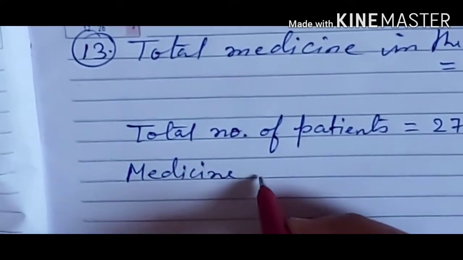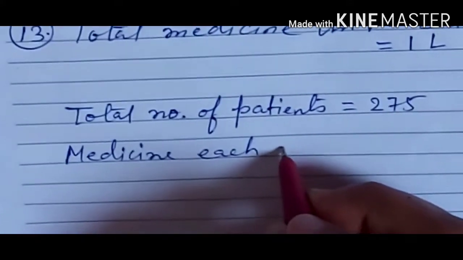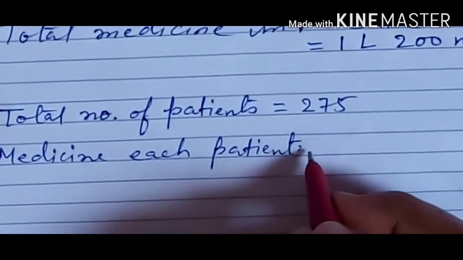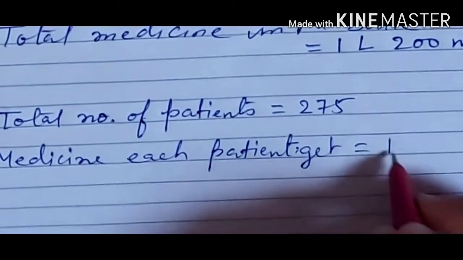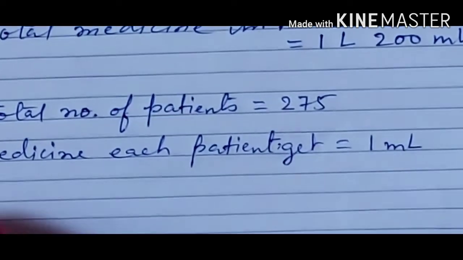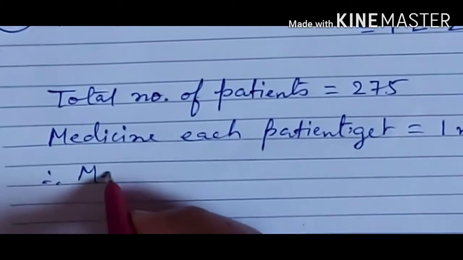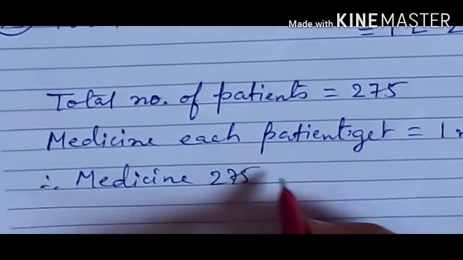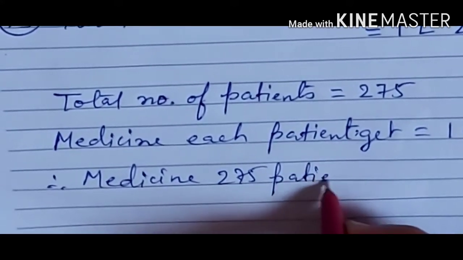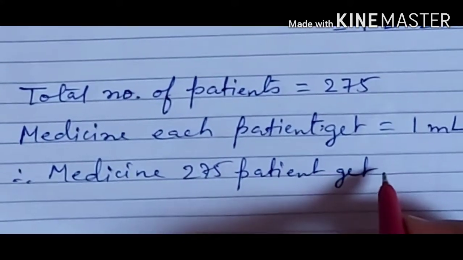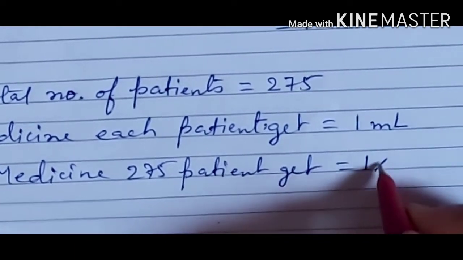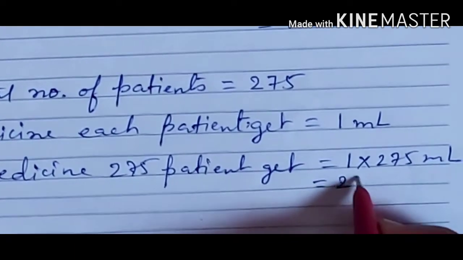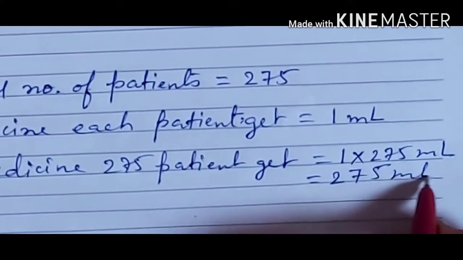Medicine each patient get 1 milliliter. Therefore, medicine 275 patient get is equal to 1 into 275 milliliter. That was 275 milliliter.